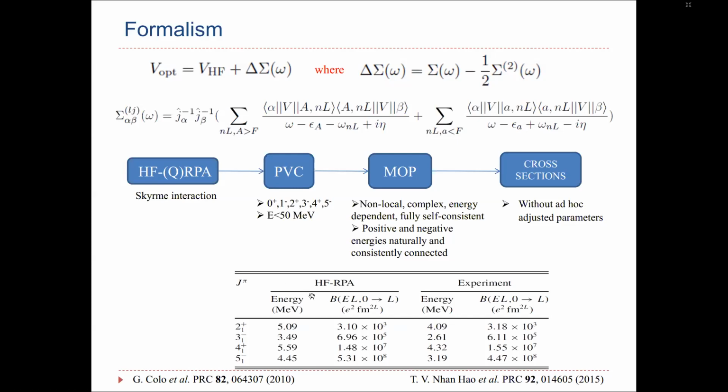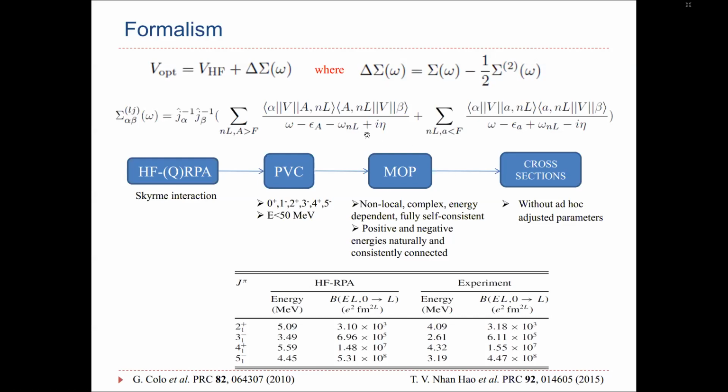For example, I perform the Hartree-Fock calculation, and I check the first low-lying states, for example 3 minus or 2 plus, and I compare with experiment. You can see that, of course, I cannot have such a nice result, but it's acceptable. For example, for the very strong state like the first 3 minus, the B value is comparable with experimental data.